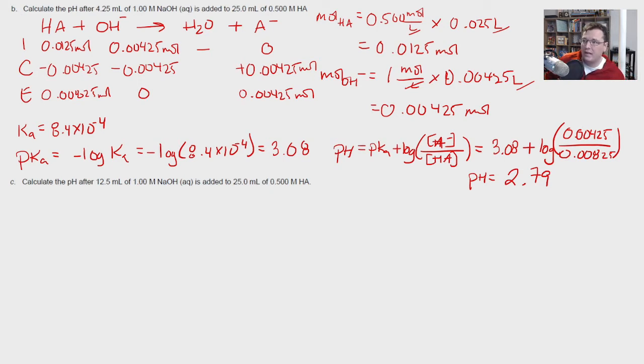If you were to convert everything and do it with an ice table and all of that, you should get the same result. So if I go through that now, the total volume is 4.25 and 25 milliliters, so 0.00425 divided by 0.02925 gives us 0.145 molarity.